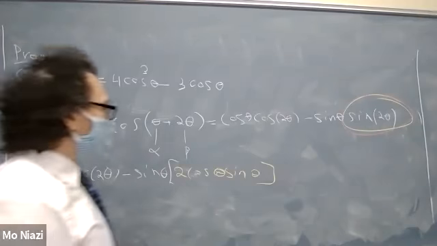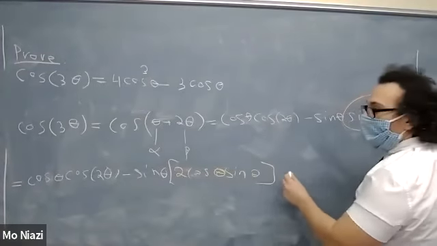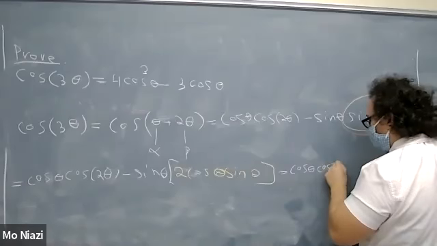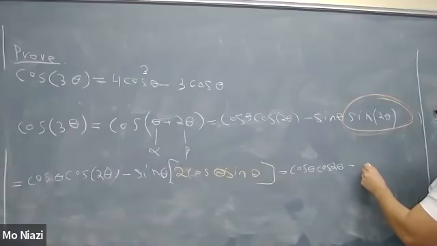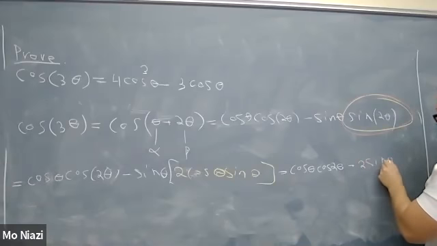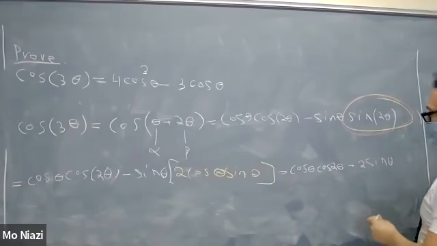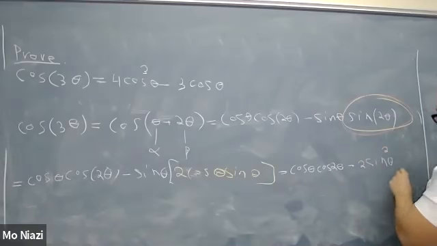So now what do we have? Well, this means I have cosine of theta, cosine of 2 theta, minus sine theta times 2 sine theta cosine theta, so 2 sine squared theta cosine theta.